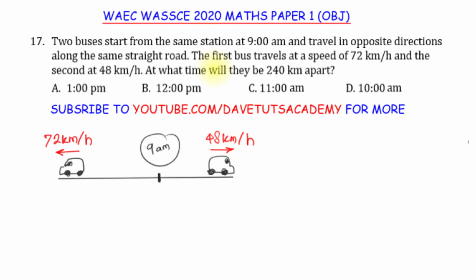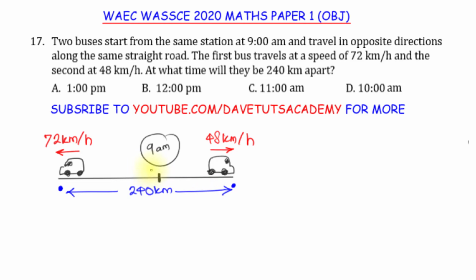We need to find the time when they will be 240 kilometers apart. When they will be 240 kilometers apart means that at this point, the distance between the first bus and the second bus is going to be 240 kilometers.